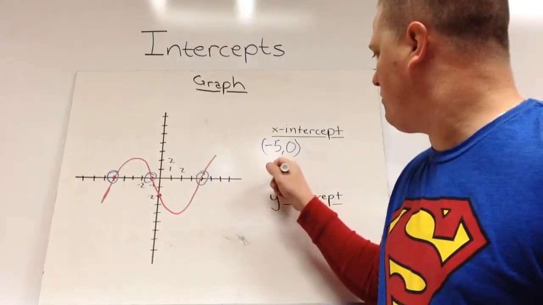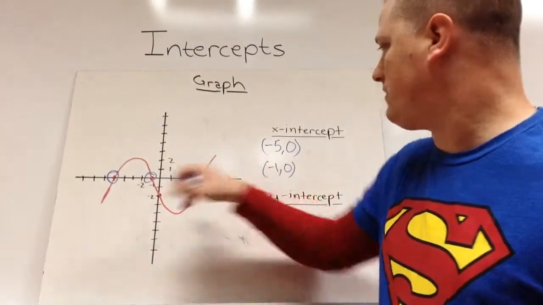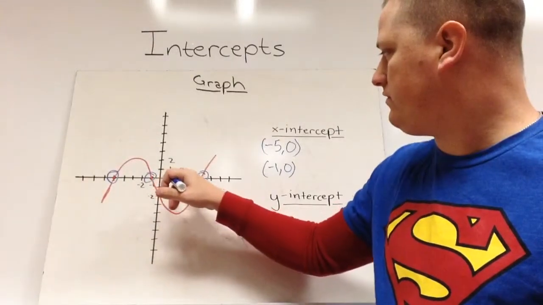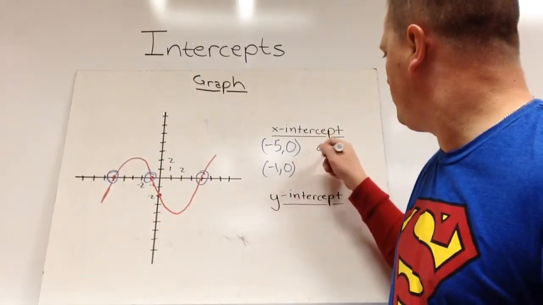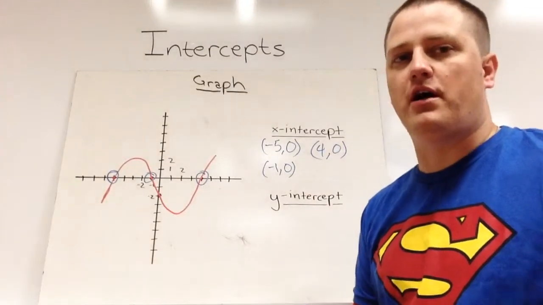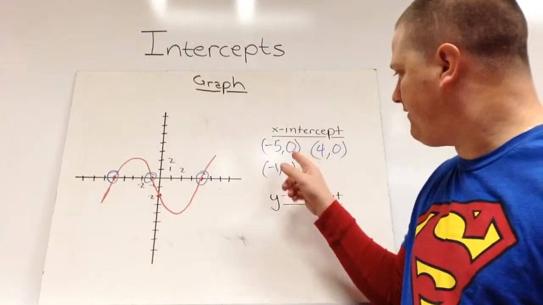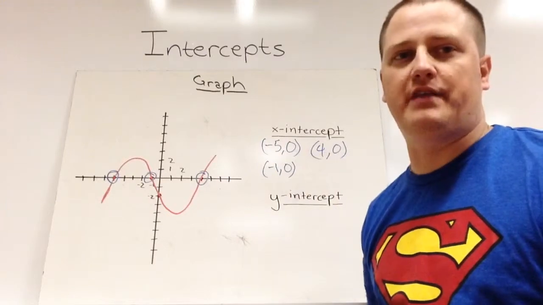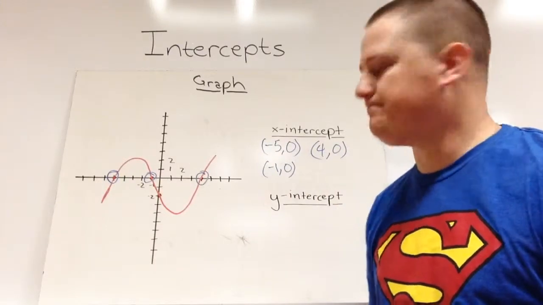We've got -1, 0 right here, and 4, 0. So those are our x-intercepts. Notice all our x-intercepts have a 0 as the second part of the ordered pair.